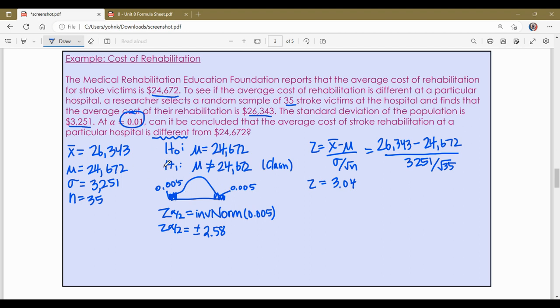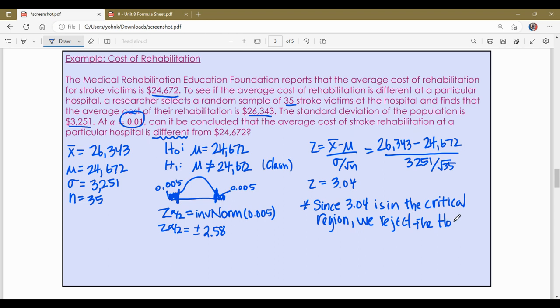So remember that our critical values were a positive and a negative 2.58. A test statistic of 3.04 would put us in the shaded region on the right. So since 3.04 is in the critical region, we reject the null hypothesis.